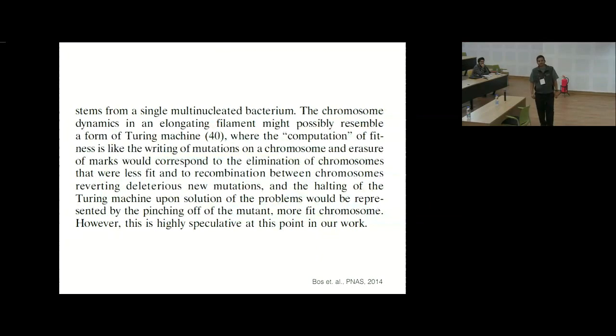Yes, exactly. And so what they're saying is that some of these guys can eliminate, via recombination, the ones which are not fit, and then create these mutants. That's the claim.